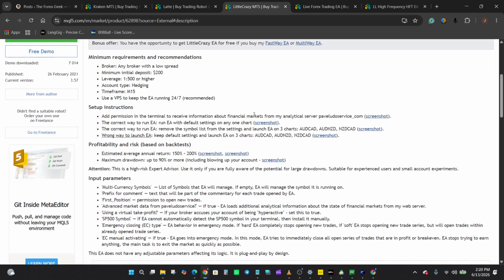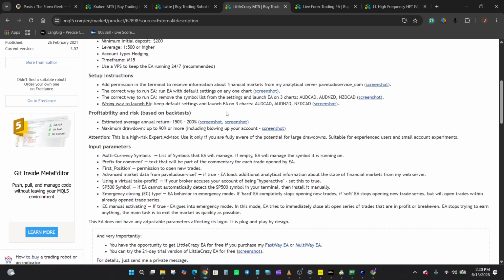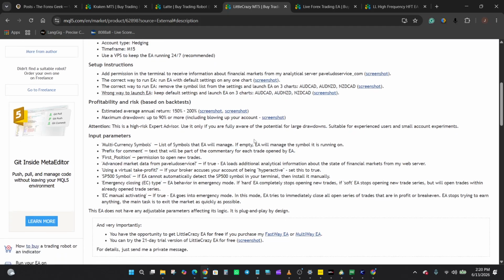Now, moving down to the settings section, one thing that stands out is that the developer specifically states that the EA is designed as a plug and play system. And it does not provide adjustable parameters that affect its trading logic.